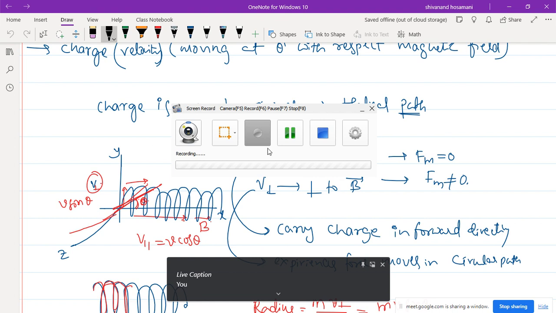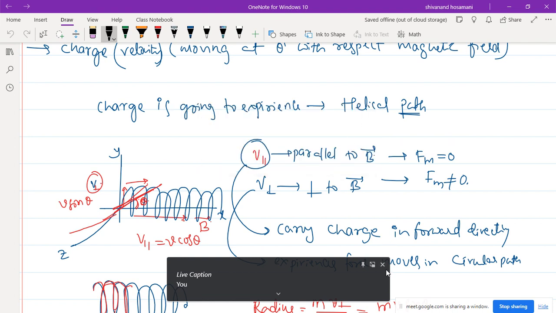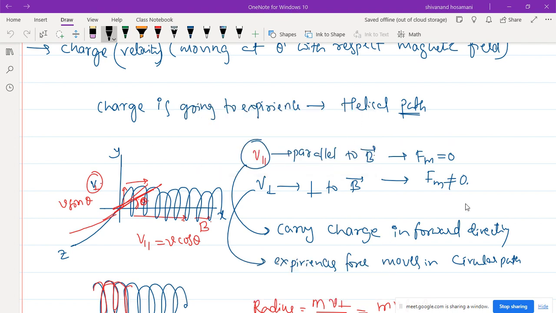Okay. Here, if the charge is moving at any angle theta with respect to the magnetic field, along the x-axis there is a magnetic field. If it enters at an angle theta with respect to the x-axis, it is going to follow this helical path. If you look from the front side, it looks like a circular motion only.